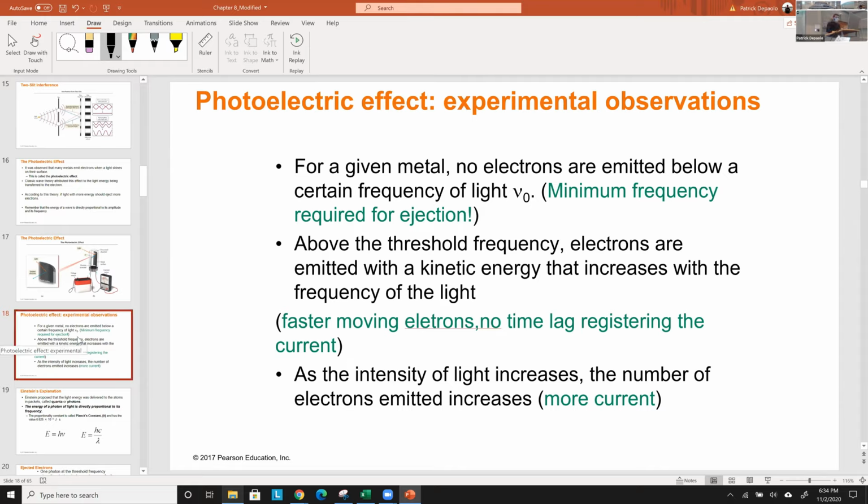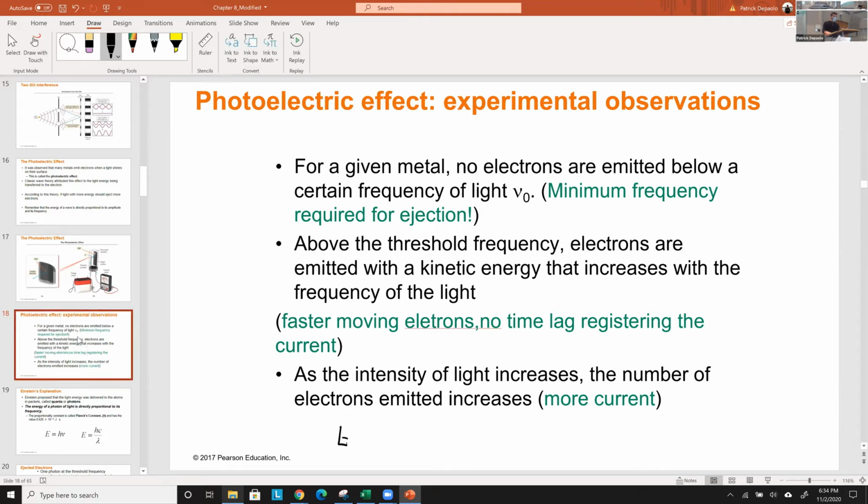Now, we all understand the electron comes off, but electrons, unlike photons, have mass. If they have mass, their speed is not the speed of light, and their speed is quantifiable. You can actually calculate the speed of the electron that comes off. So I'm going to write a very general equation.